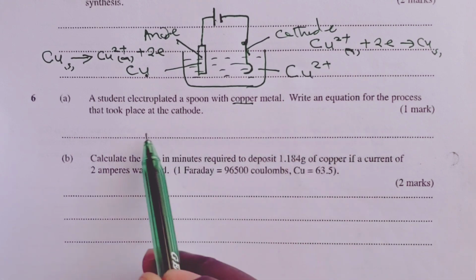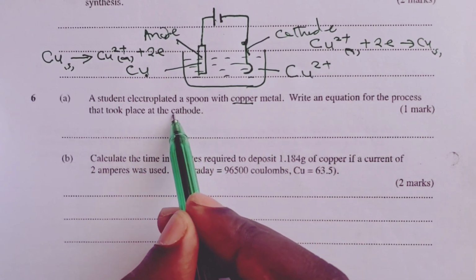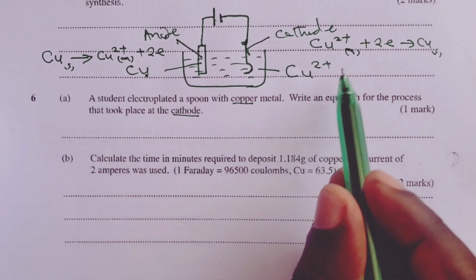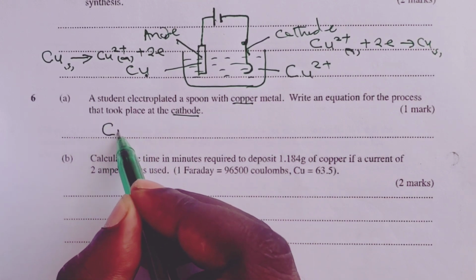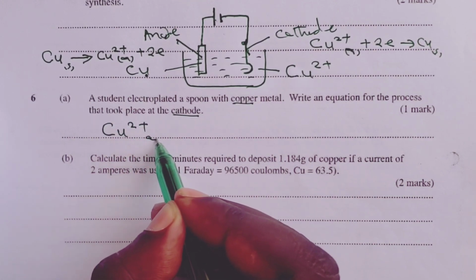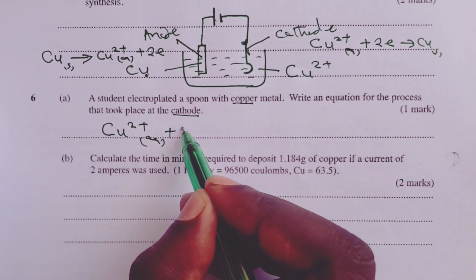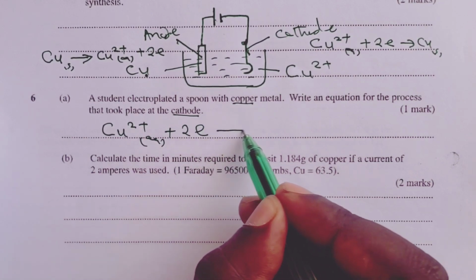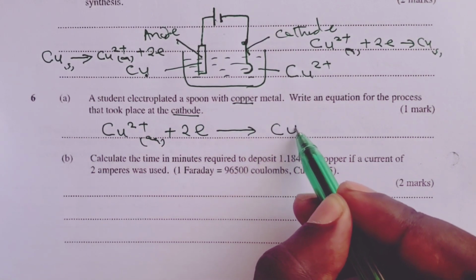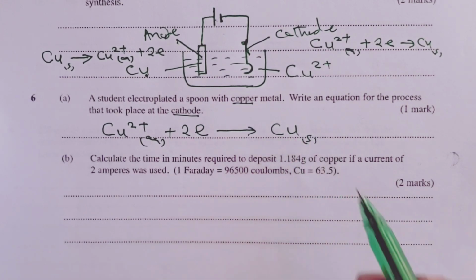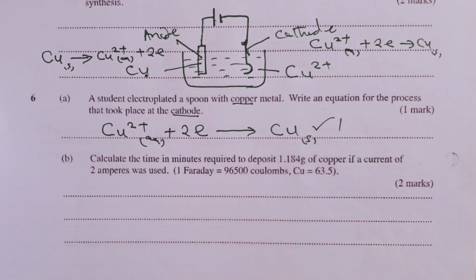So the equation for the process that took place at the cathode therefore becomes: copper ions accepting 2 moles of electrons to give copper metal, which then deposits on our spoon, for 1 mark.